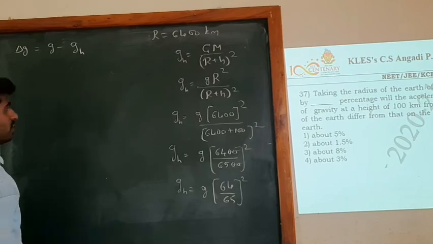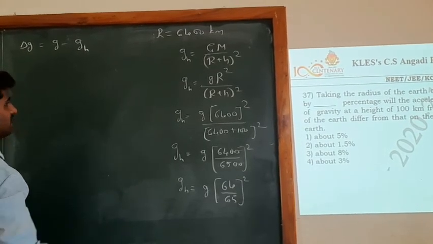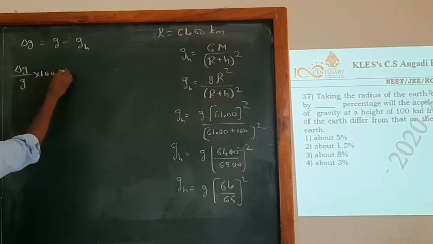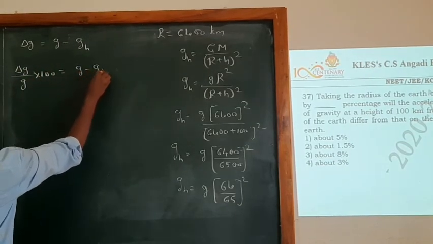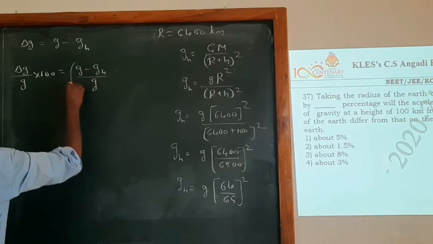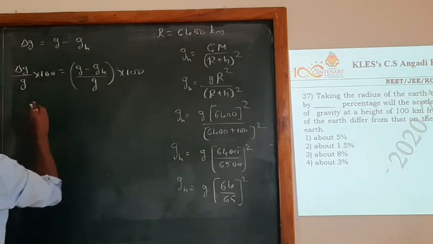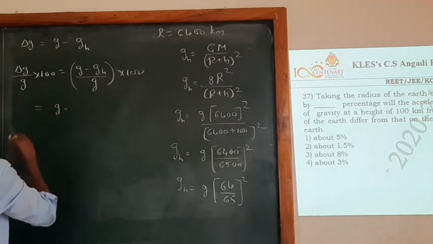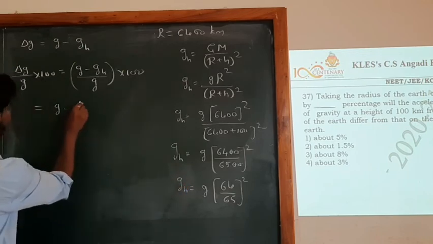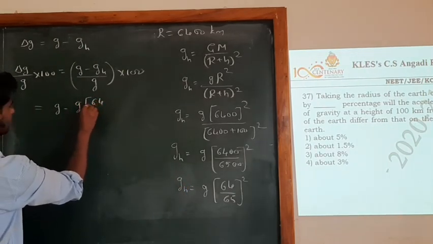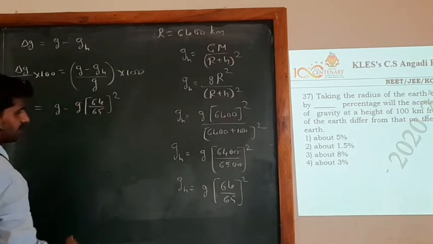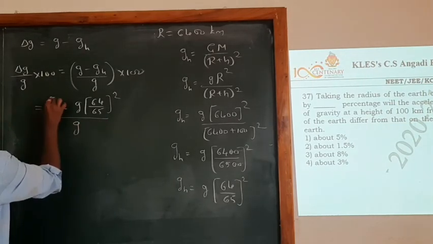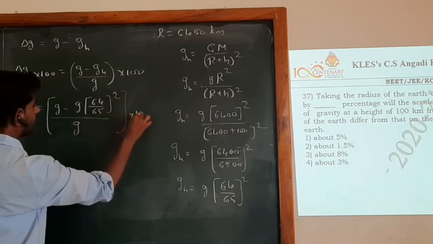I want the percentage change, not the change in acceleration. So that is delta g divided by original g into 100. So the same thing, g minus gh divided by g into 100. So g as it is minus gh value, which is g into bracket (64 divided by 65) whole square, divided by g into 100.